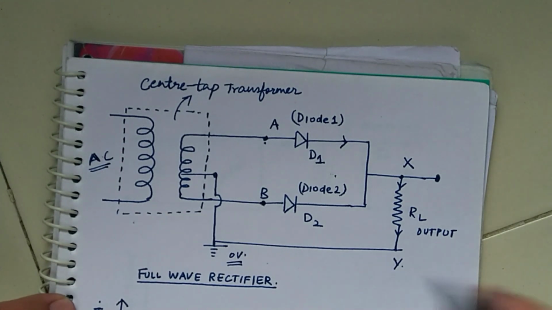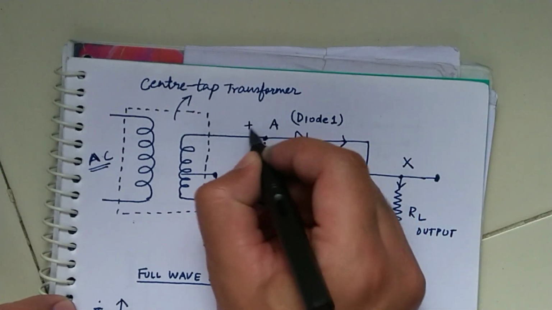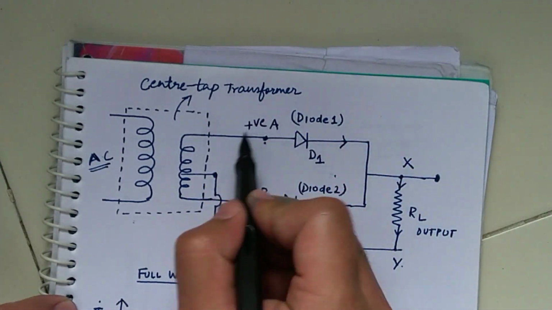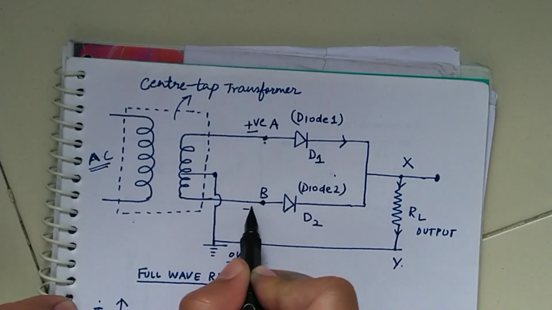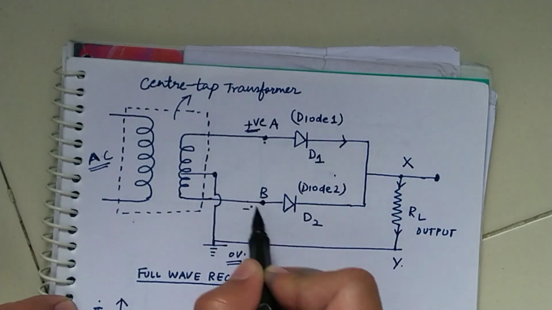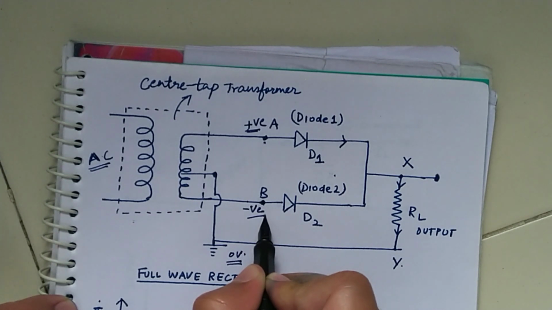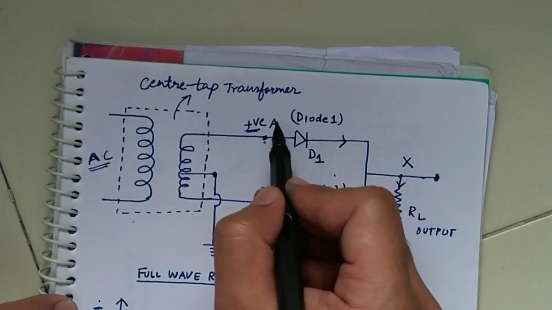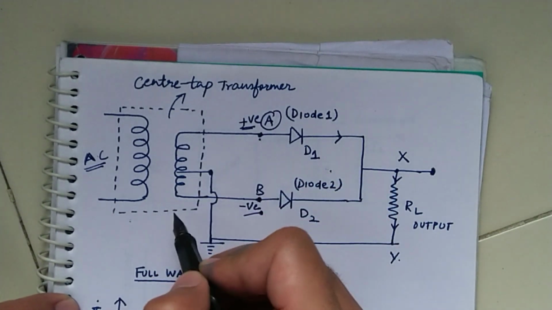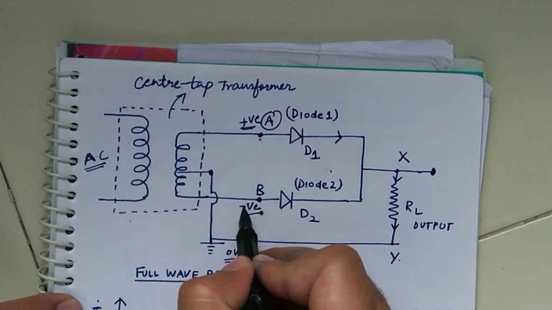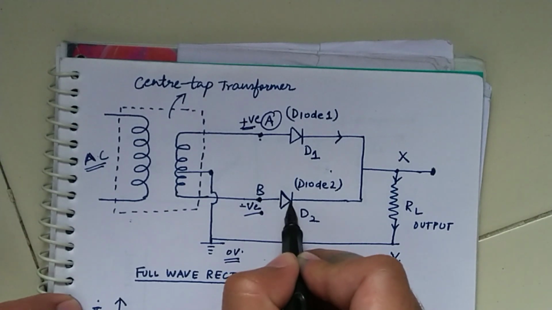Now let's see the working. So when point A is positive, look carefully, when this is positive, this is negative. Now when point A becomes negative, B will be positive, and since B is positive, it becomes forward biased.